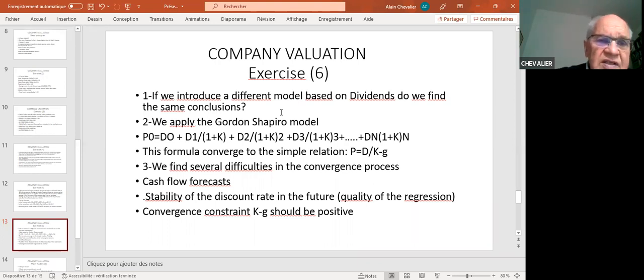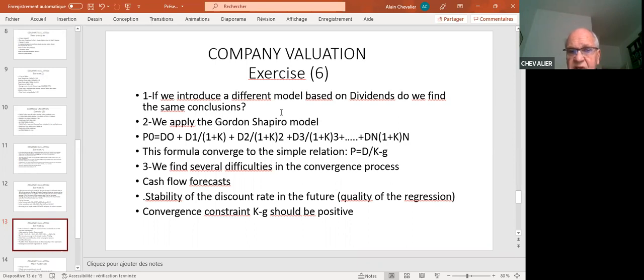It means if you want to calculate P0 before the distribution of a dividend for this year, it will be equal to D0, the dividend distributed in 2021, plus D1, which is the dividend distributed in 2022, forecasted, it's a forecast, divided by 1 plus K, where the discount rate is K, plus D2, the dividend to be distributed in year 2.